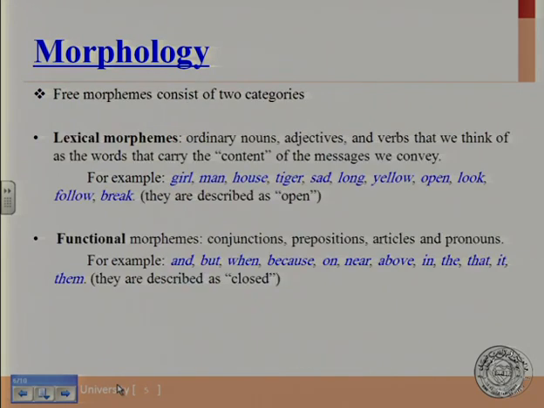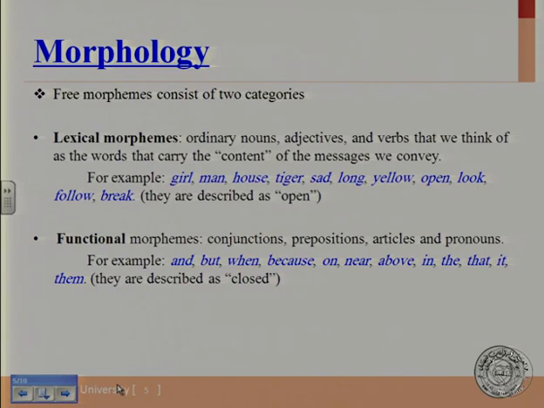Now, free morphemes also consist of two classes, two categories. One is called lexical morphemes, and the other is called functional morphemes. The lexical morphemes are ordinary nouns, adjectives, and verbs that we think of as the words that carry the content, the meaning of the messages we convey.